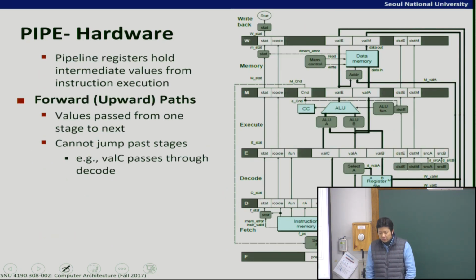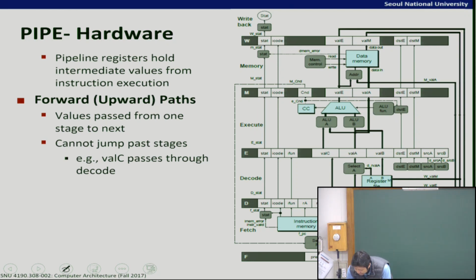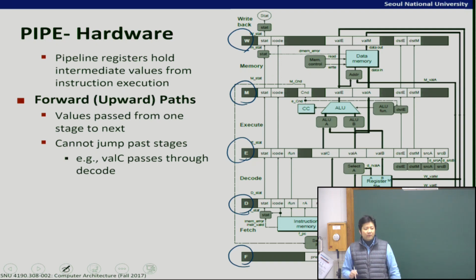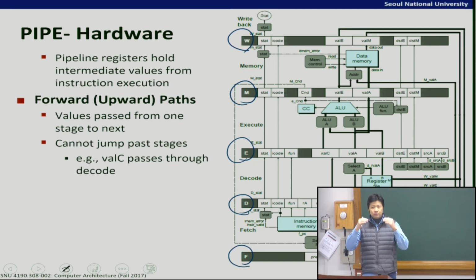And this one is a more detailed view of the pipeline hardware. Let's say this hardware is PIPE instead of SEQ. We place 5 different pipeline registers labeled capital F, capital D, capital E, capital M, capital W, which set the boundary between stages.